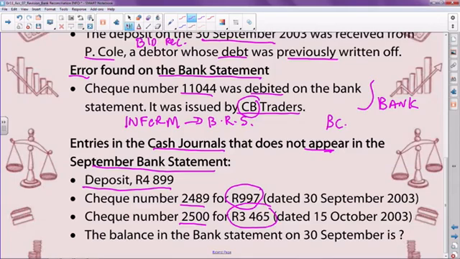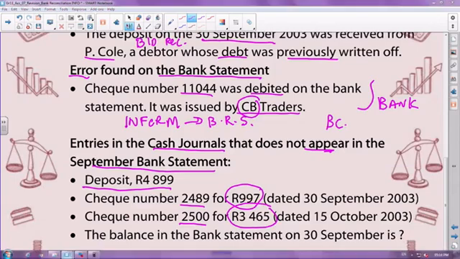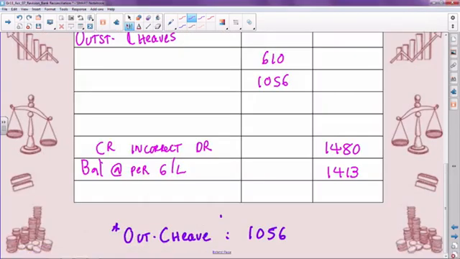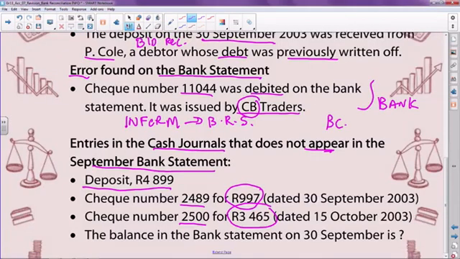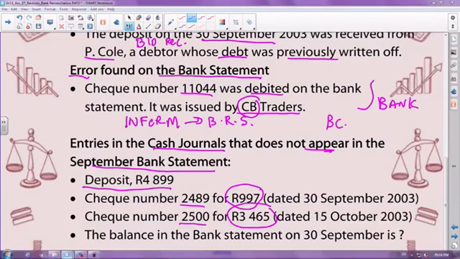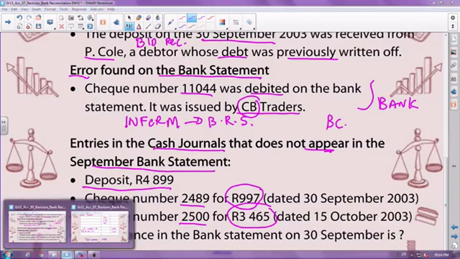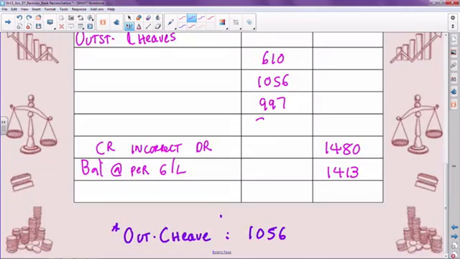So let's take these through. 997 first, and then there was one more check for 3,465. You guys remember, you fill in the check numbers.